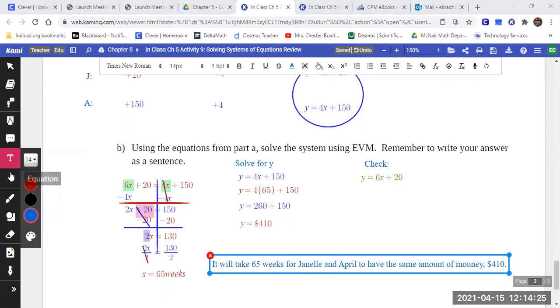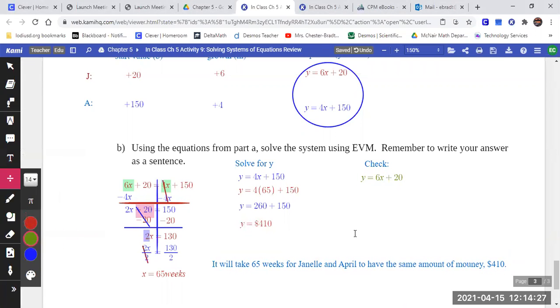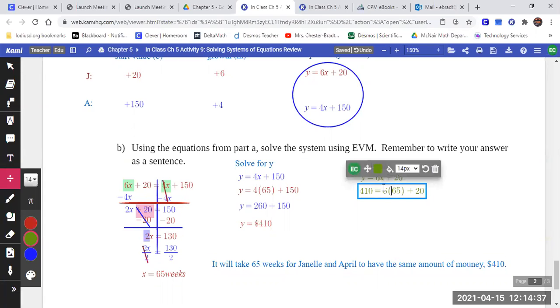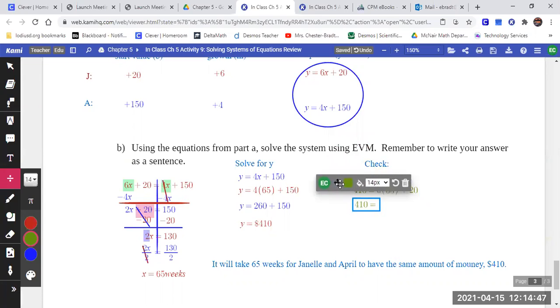And then we have to finish up our check by putting in both and making sure that it checks out. So 410 has to equal 6 times 65 plus 20. We're checking if it works out. Now, what happens if it doesn't work out? We made a math error, right? We might have added incorrectly or subtracted incorrectly or multiplied or whatever.